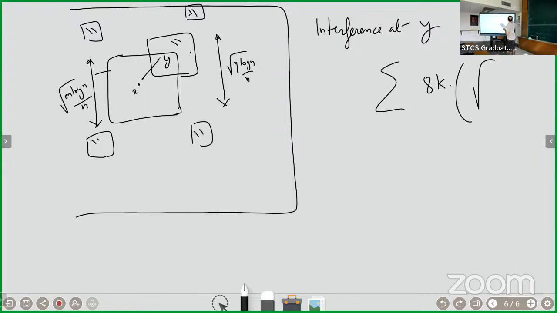So let me use the G function as u of x to the minus alpha. For one particular case, we can do this one. Square root eta, minus of alpha. Here k goes now up to n at most.